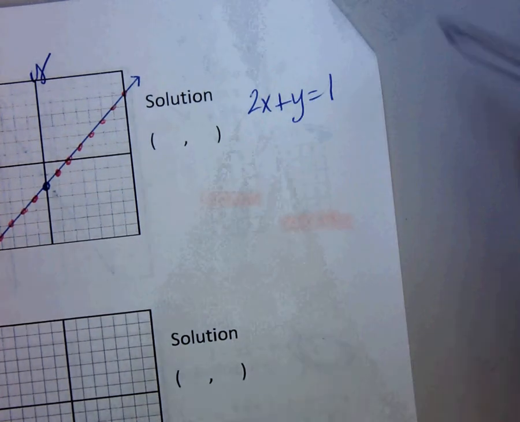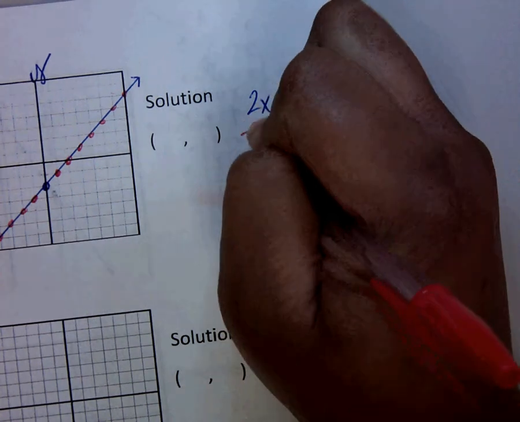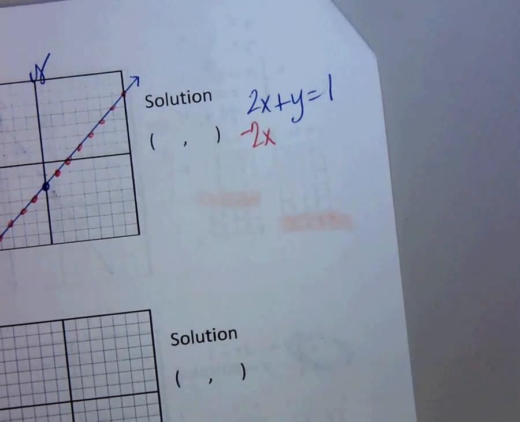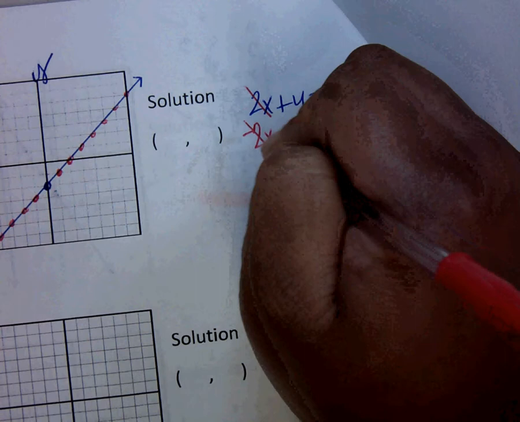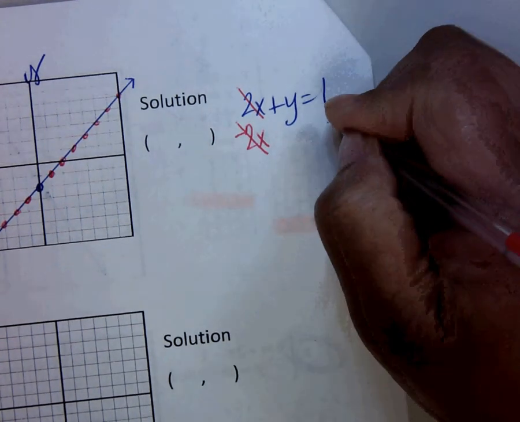How do we get 2x on the other side? Who can answer that for me? Subtract it. Why are we subtracting? Because it is positive. It disappears here and it is going to reappear on the right side.